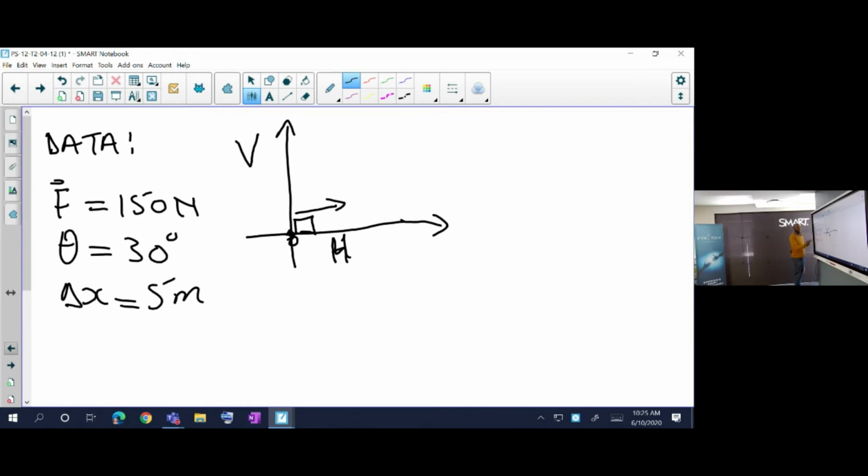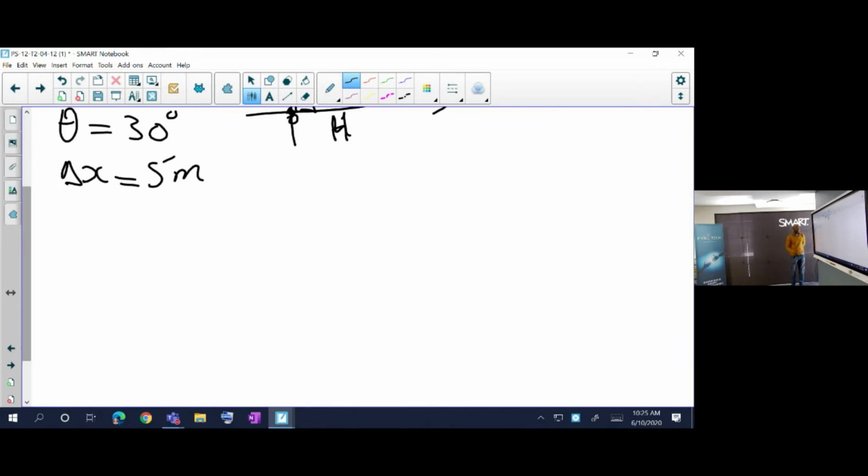But now you have to ask yourself, we have an angle. The force can be pulled like this. We have been given 30 degrees. That is the force there. Are we together? All right. I just want to go back to our mathematical definition of work. We know that work is equal to the force applied times the displacement times cos theta.